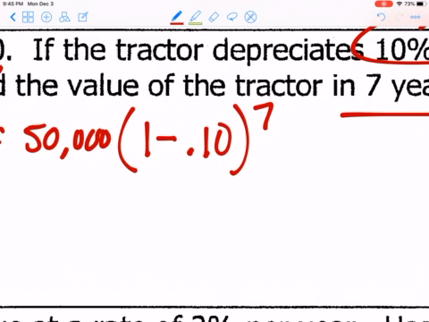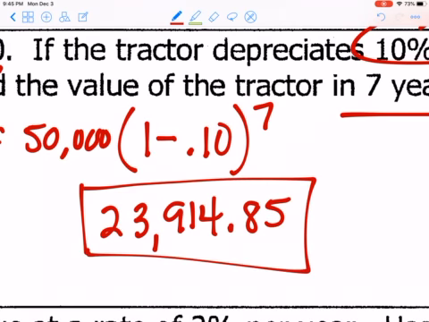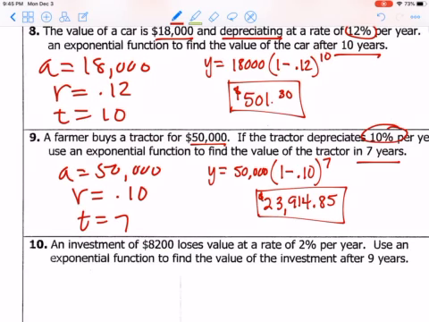When we put that in the calculator, we're going to get $23,914.85. Remember, if you're not getting the same totals that I am on the video, just recheck that you're raising it to the right power and that you're doing every step correctly.